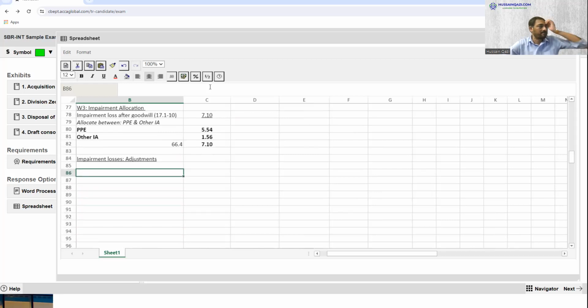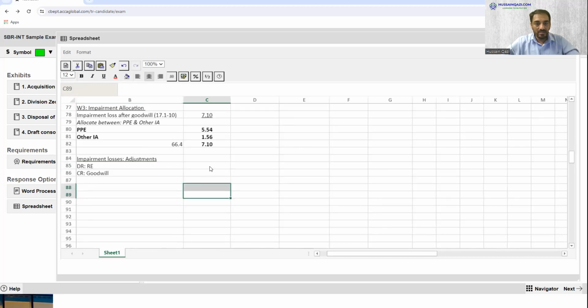Very much important. Number one, goodwill. Debit only retained earnings, credit goodwill. And that is the value of 10 minus 2, or only 8.